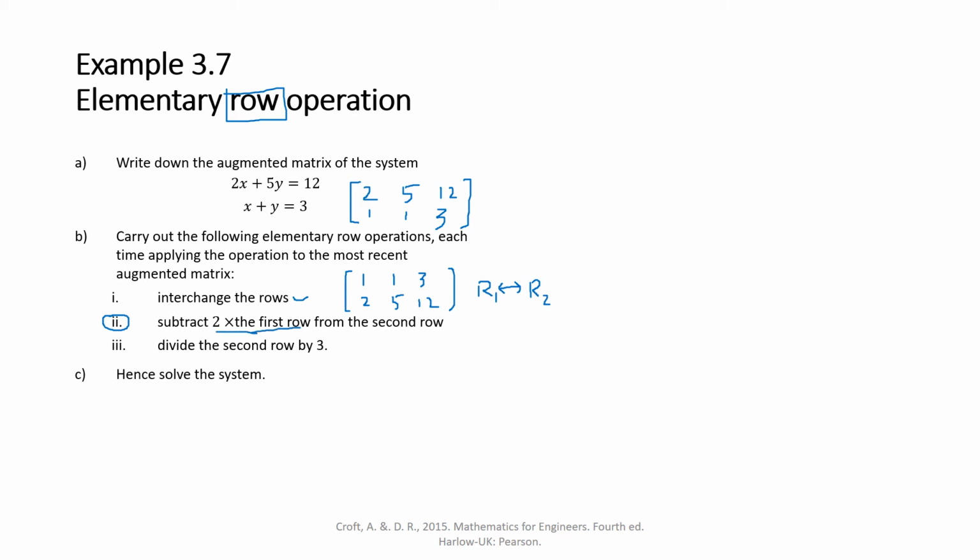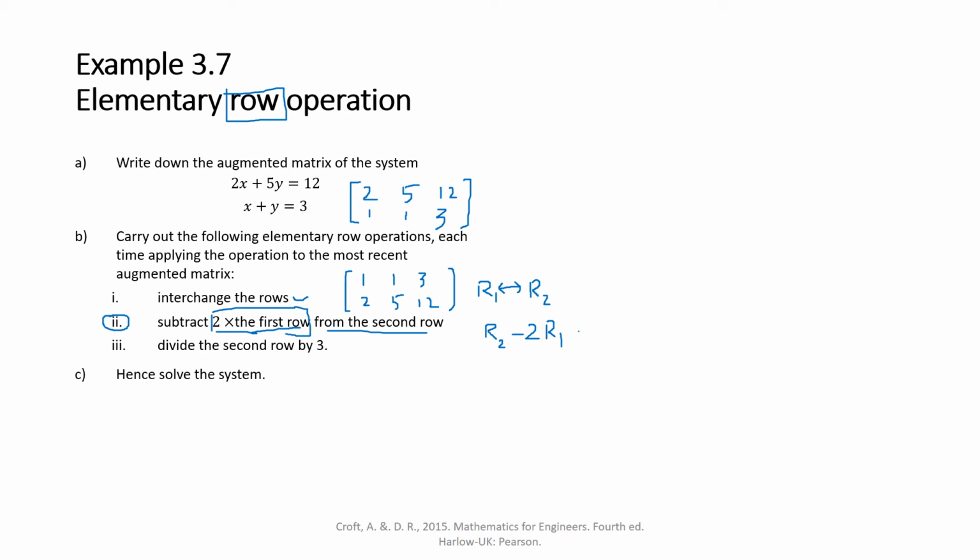It means 2 times the first row from the second row. I make it clear, this is 1, because subtract 2 times of the first row, so this is the first row.